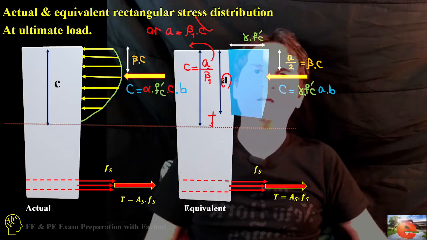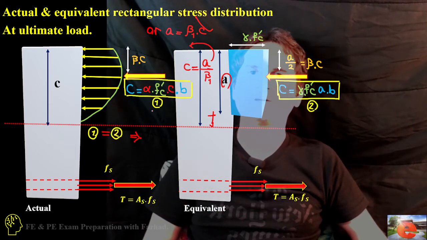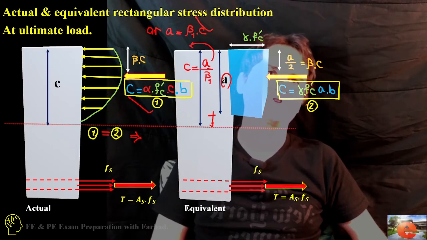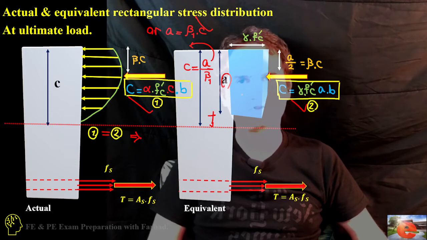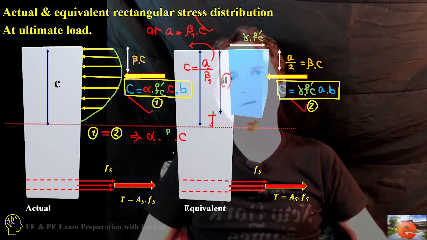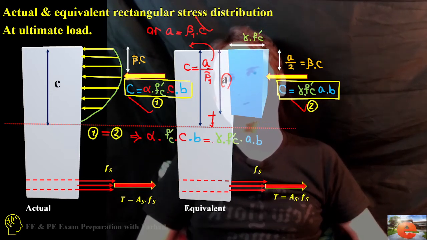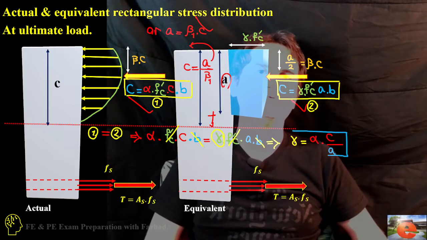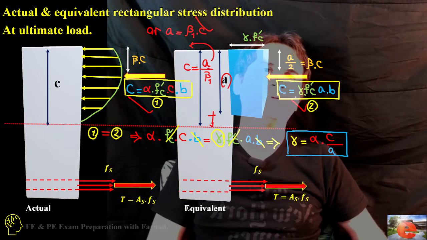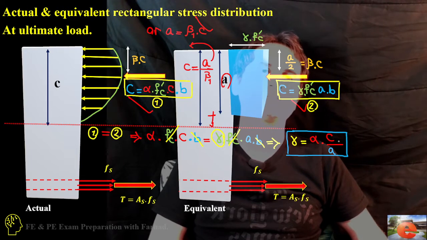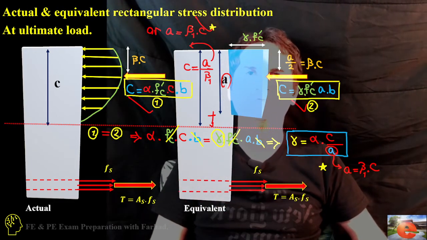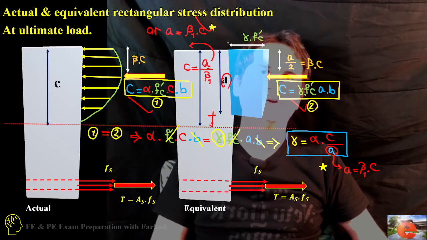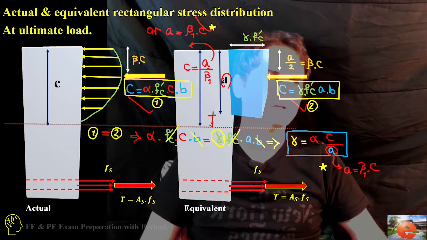If we call this equation 1 for the actual, and call the compressive force for the equivalent rectangle equation 2, they should be equal to each other. If you make them equal, it gives you gamma equal to alpha times C over A. At the same time, we know A, the height of the rectangular block, is a percentage of the distance to the neutral line.